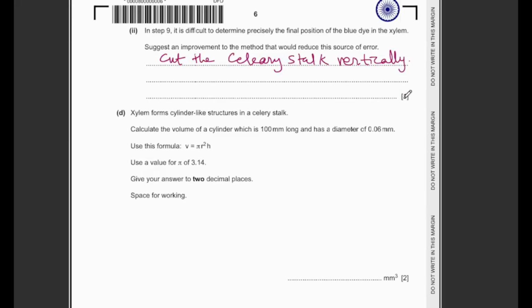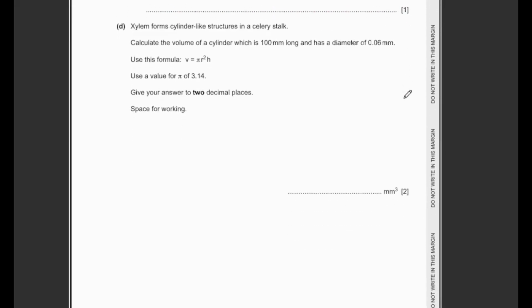Now moving to the next one, D part. Xylem forms a cylinder-like structure in the ciliary stalk. Calculate the volume of the cylinder. We have to calculate the volume, which is 100 mm long, so the height is given as 100, and it has a diameter of 0.06.